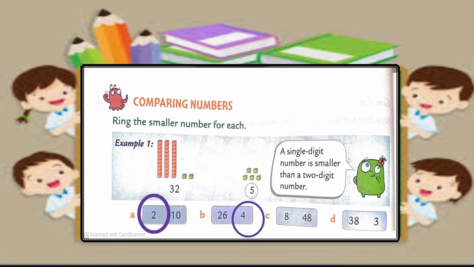Then after that we have 8 and 48. Observe this carefully and tell me which is the smaller number. Is it 8 or 48? The number 8 is smaller as it is a single digit number among the given pair of numbers.